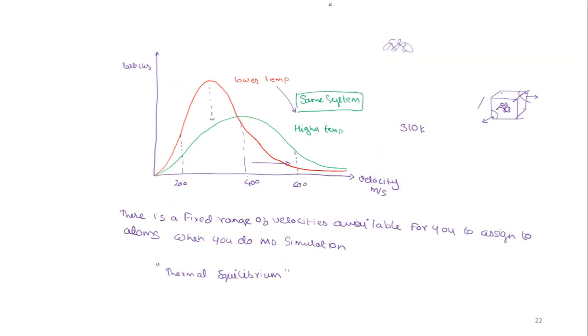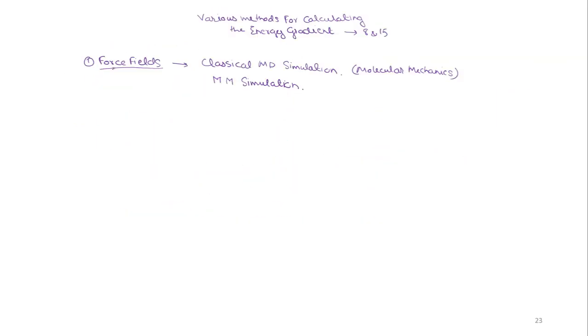If you use a force field to calculate such an energy gradient, then you are performing classical molecular dynamics simulation. Since the force field is a molecular mechanics description of energy calculation, we consider such a simulation a molecular mechanics simulation.